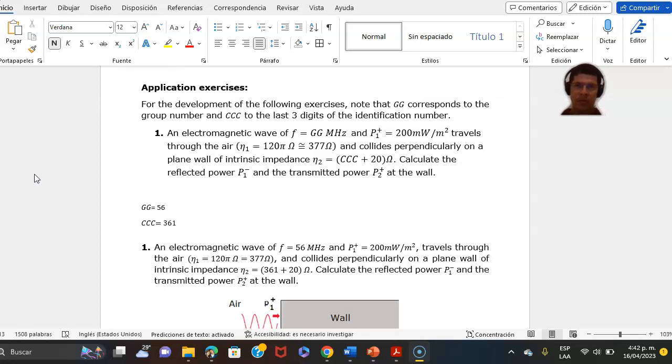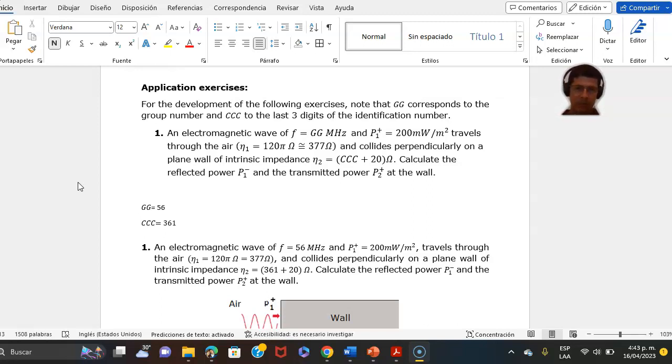To develop the following exercise, note that GG corresponds to the group number and CCC to the last 3 digits of the identification number. An electromagnetic wave of frequency 56 MHz and P+1 equal to 200 milliwatts per square meter travels through the air, N1 equal to 377 ohms, and collides perpendicularly on a plane wall of intrinsic impedance N2 equal to 381 ohms.